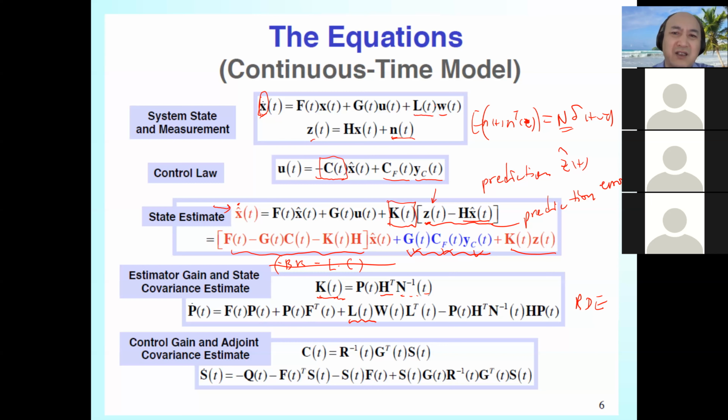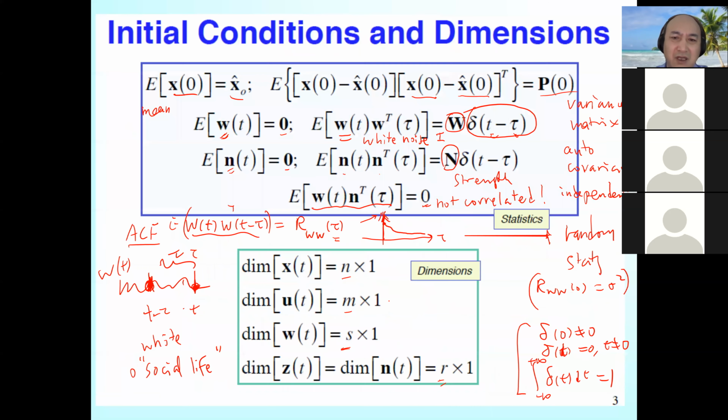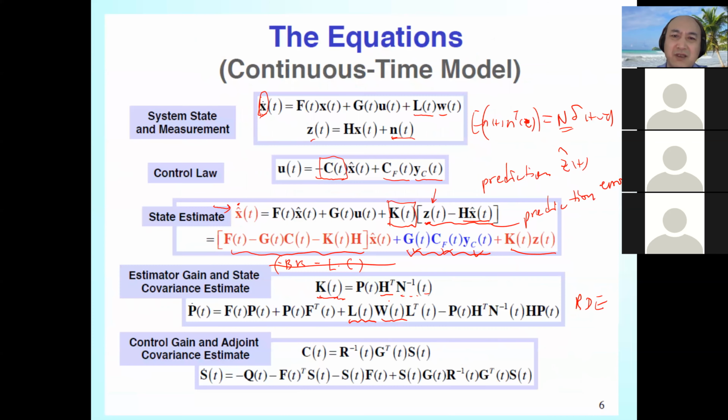L is the gain in W, and W is the strength of the noise W. L is here, L transpose here. N is my noise. H is like my C. So this is my Riccati differential equation.